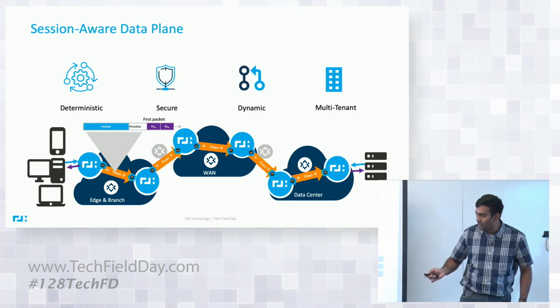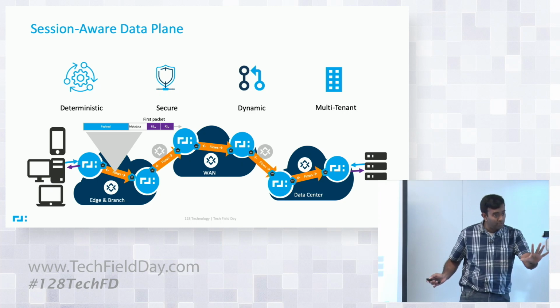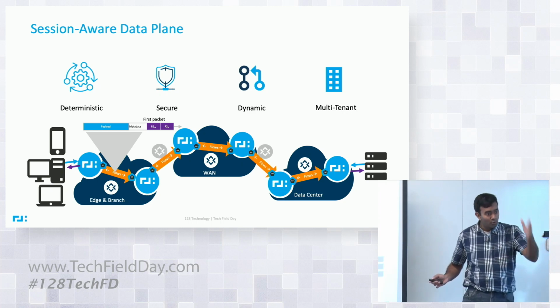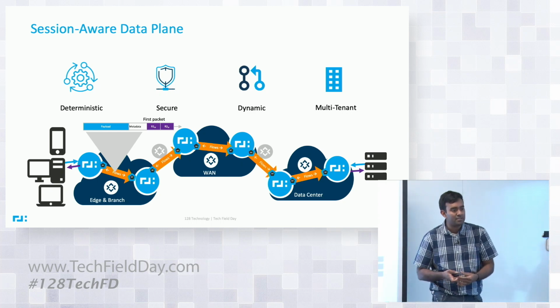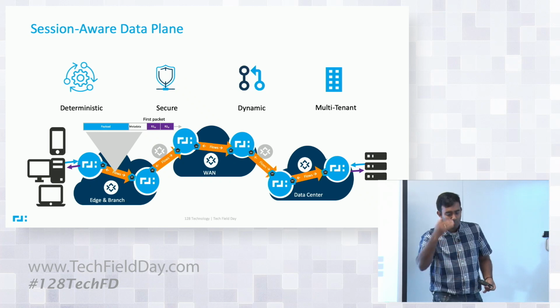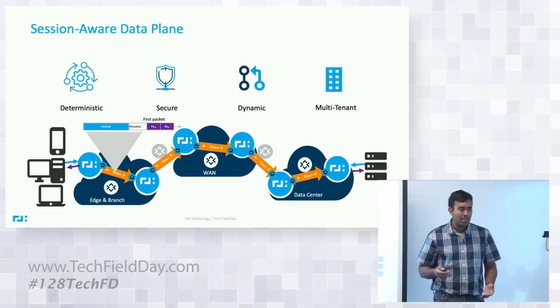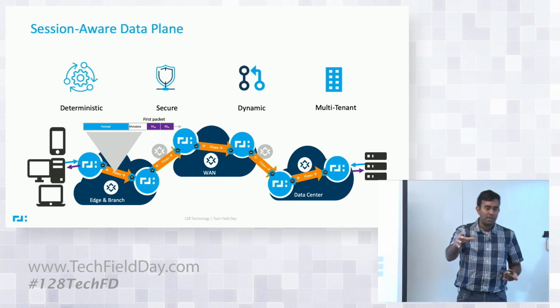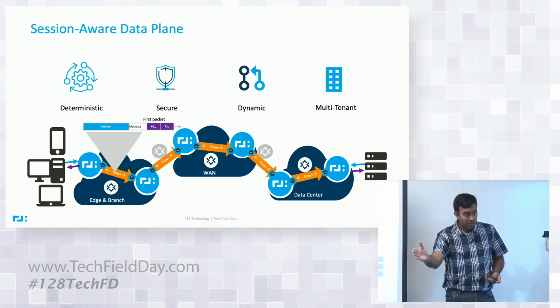So let's say this path goes down. You'll try to cut over to this poor link only the voice sessions, nothing else. So now you see the session state helps, because how do you define the session? It's on a per protocol, port, and IP address basis, and that's why it helps. I see. Because on a per session basis, you can make policy routing decisions, which is powerful.